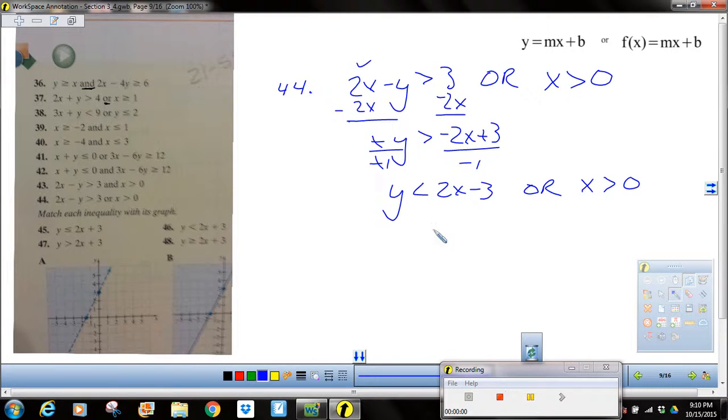Since it's or, I'm not concerned with overlap. Everywhere the two graphs go will be solutions. Y-intercept is -3. Slope is 2. So when we take a step 1 to the right, it's going to go up 2. It does not have the equal to, so it's a dotted line. And it says y is less, so it would be below.